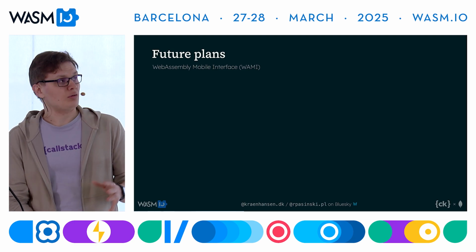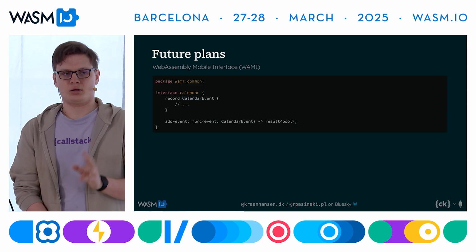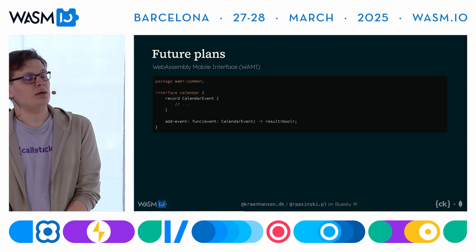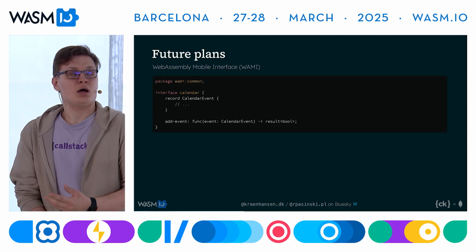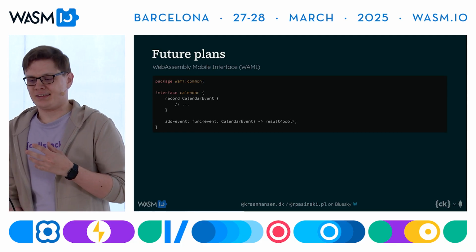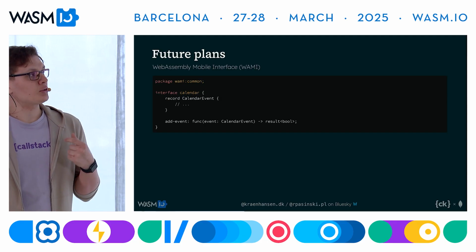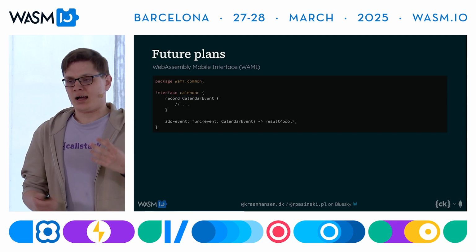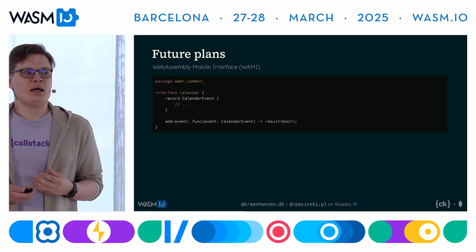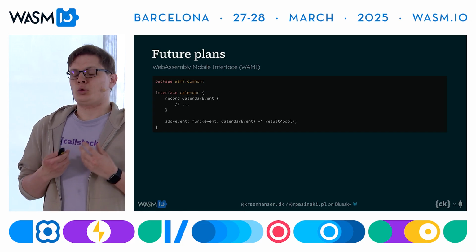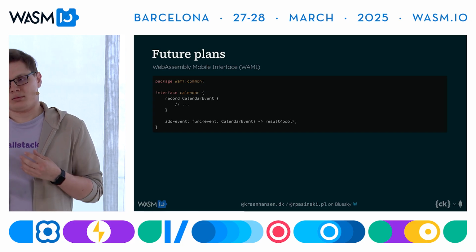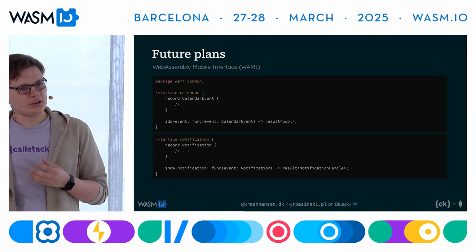And one of the other features we are looking at is leveraging WebAssembly components. We call this the WebAssembly mobile interface. We would like to use WITs and IDLs to expose native UI APIs so you can use the polyglot approach.